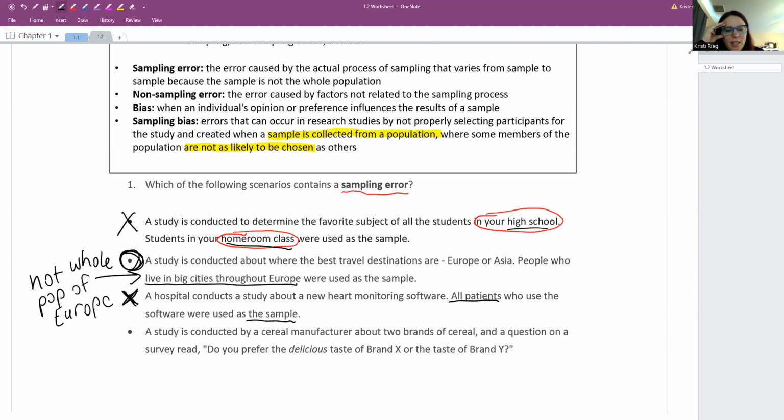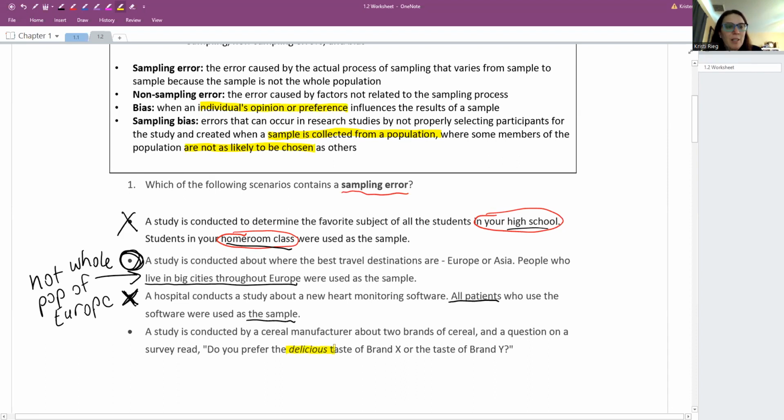The last one says a study is conducted by a cereal manufacturer about 2 brands of cereal. And a question on the survey reads, do you prefer the delicious taste of brand X or the taste of brand Y? Okay, there's some bias going on in there. Remember, bias, this third one down, is talking about an individual's opinion or preference. And here we have the word delicious, which is a preference.